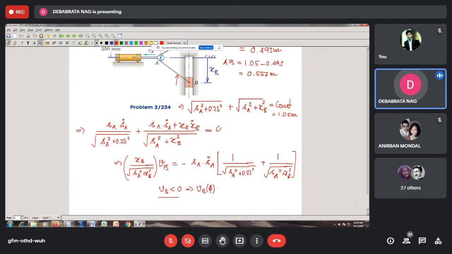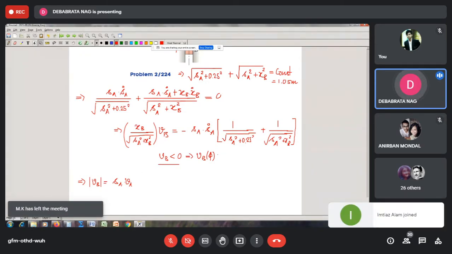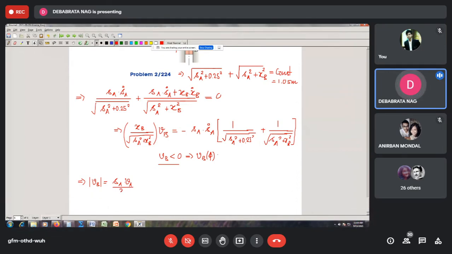So I can therefore say that the magnitude of the velocity of block B should be equal to SA into VA, because S dot A is VA, divided by XB, whole into 1 plus square root of SS square plus XB square, divided by SS square plus 0.25 square.